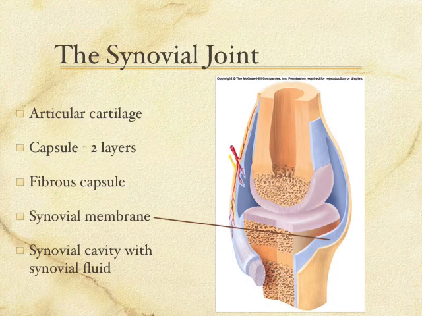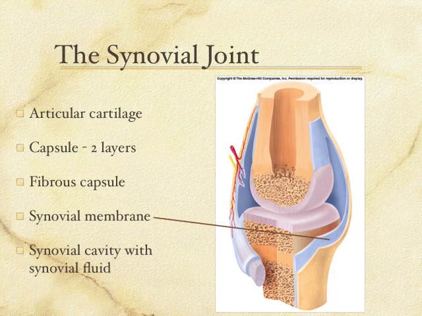The other thing with the synovial membrane is the cells produce synovial fluid. So the membrane is producing a fluid that occupies the little spaces between the structures. And that fluid is kind of like soap. It's very slick, very slippery. The joint is self-lubricating.